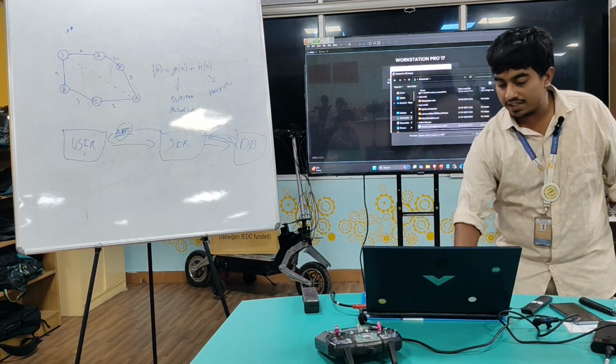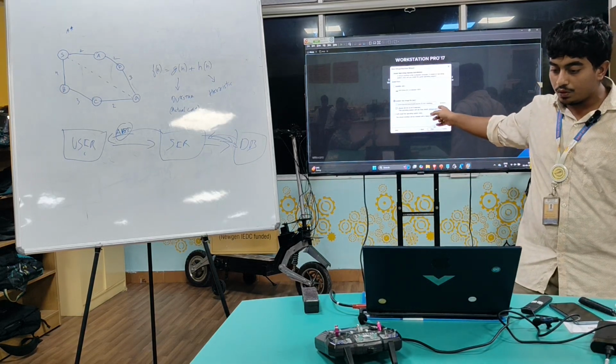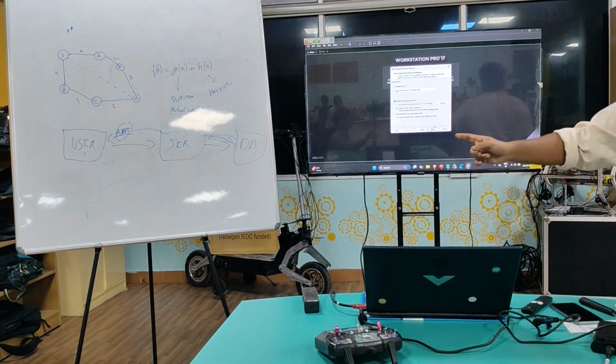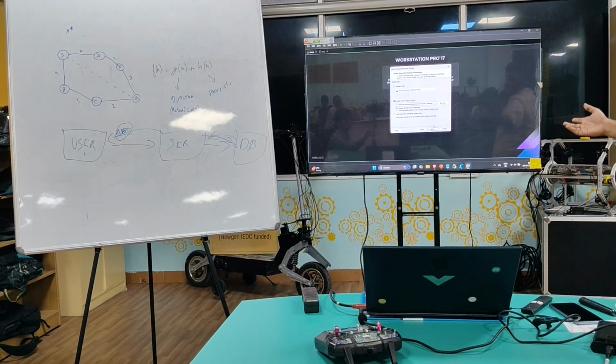Here I'm going to select Ubuntu 22.04. The reason for this specific version is that ROS2 Humble will work properly on it. As I said, ROS has different levels of versions, and this version particularly supports Ubuntu 22.04.